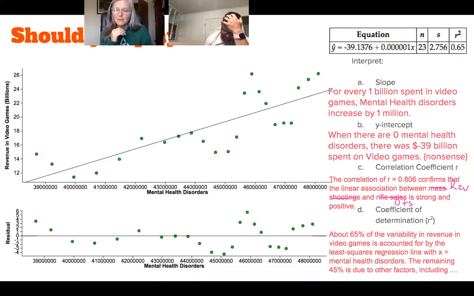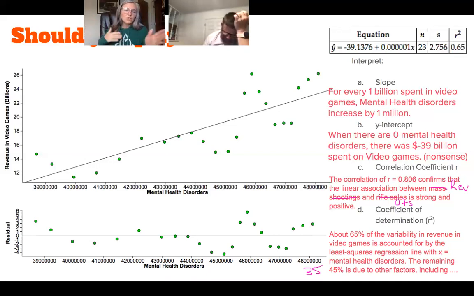So about 65% of the variability in revenue in video games is accounted for by the least squares regression line with x equals mental health disorders. The remaining 45% is due to other factors like, except it should have been 35%. Yeah, because I can't subtract.